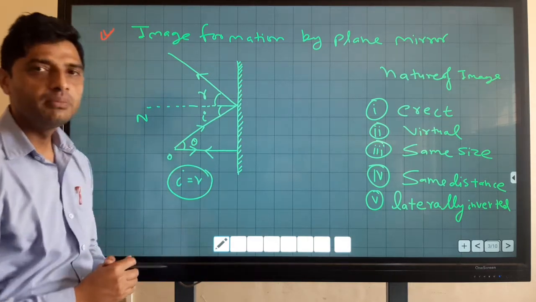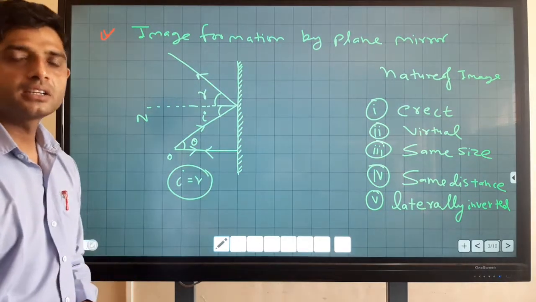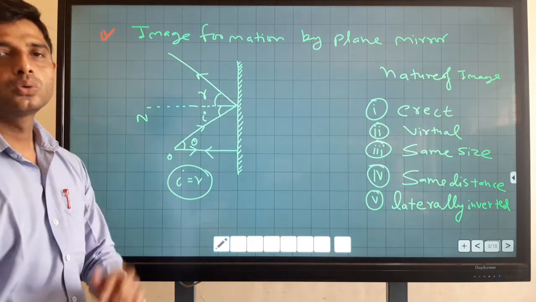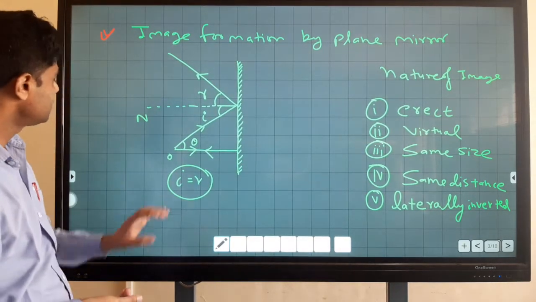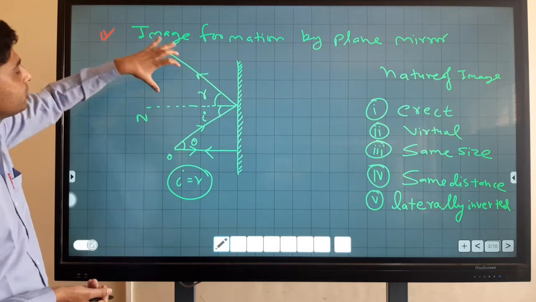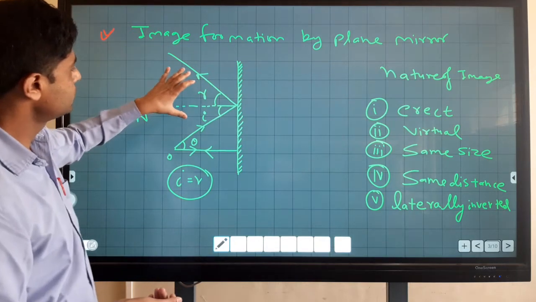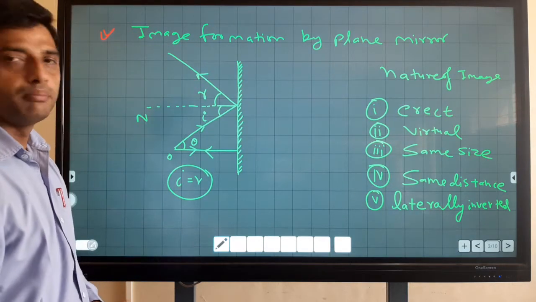As you know, an image is obtained by the intersection of two rays, but there is no intersection between the two rays in front of the mirror.